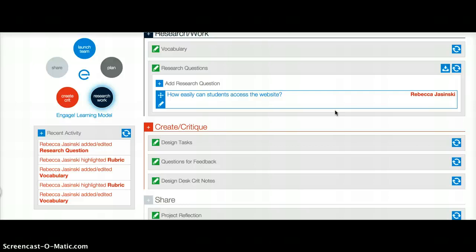Are you going to look up critiques from other people? Are you going to try to find statistics or information that is published by a notable resource? All of these things need to be considered when you're thinking about how to research a social media site.